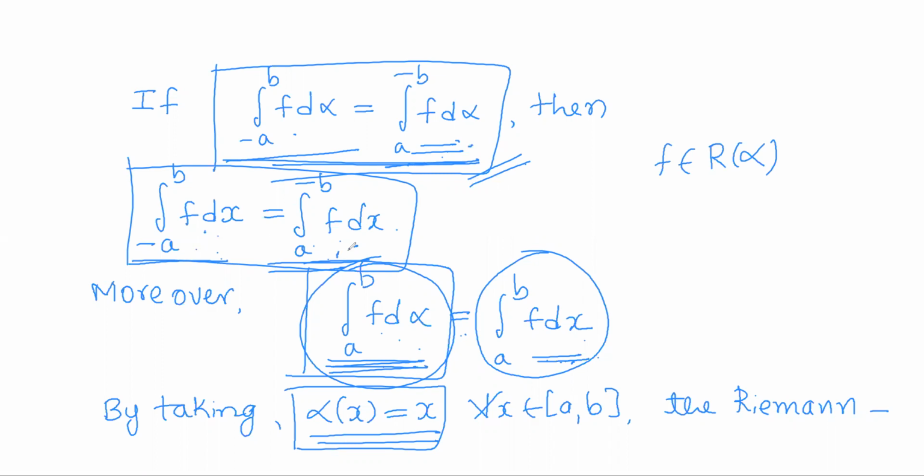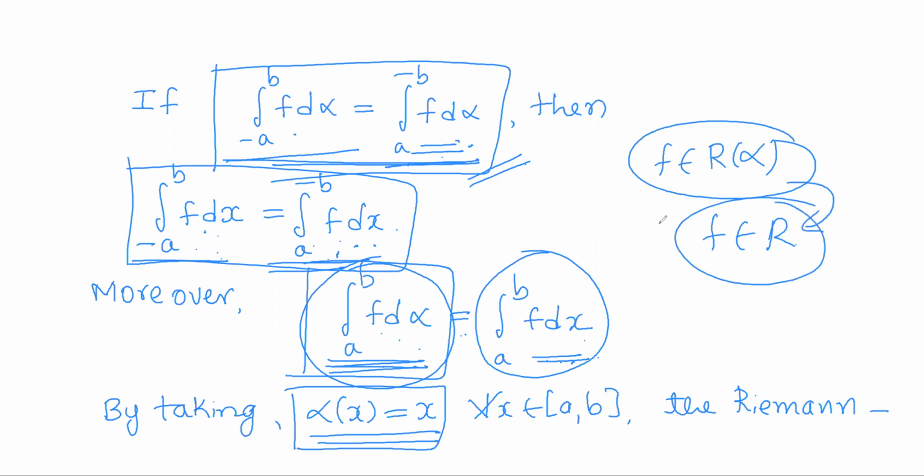Then the lower Riemann integral is equal to the upper Riemann integral, which shows that f is Riemann integrable. And further, the Riemann Stieltjes integral of f coincides with the Riemann integral of f. That is, whenever the monotonically increasing function alpha is the identity function, the Riemann Stieltjes integral is nothing but the Riemann integral.